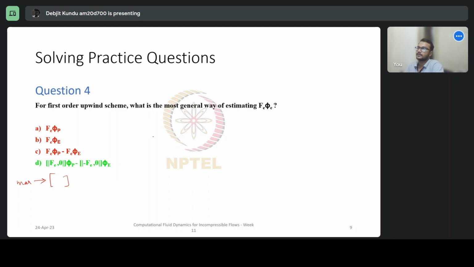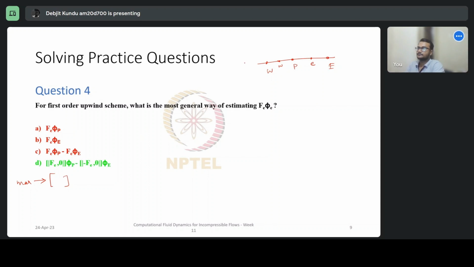So let's say in this case I have a point P and its two neighbors east and west, and its faces are denoted by small e and small w on the west side.